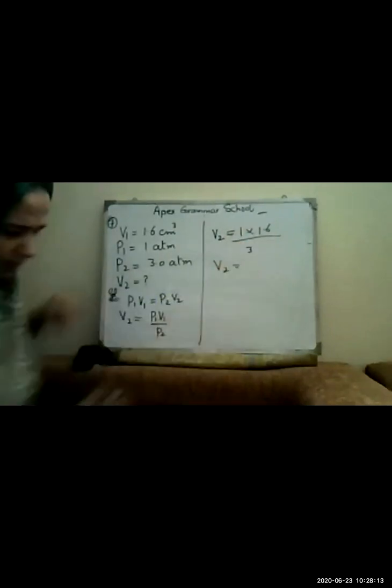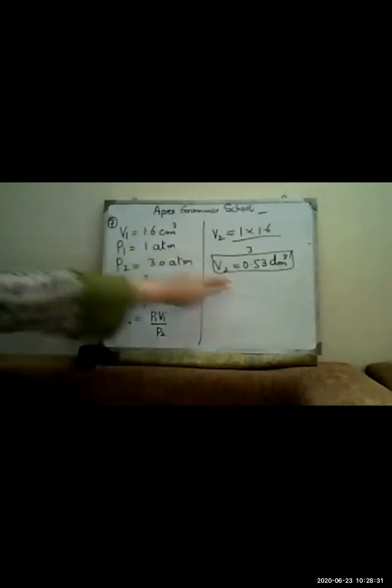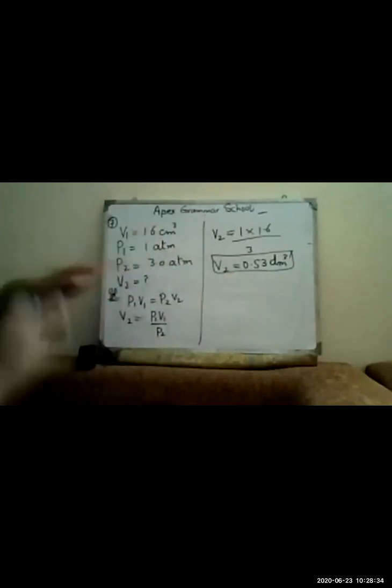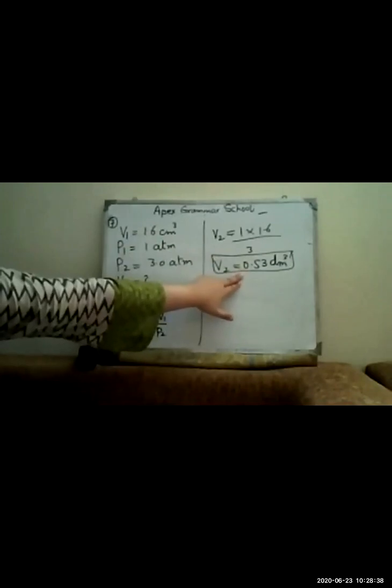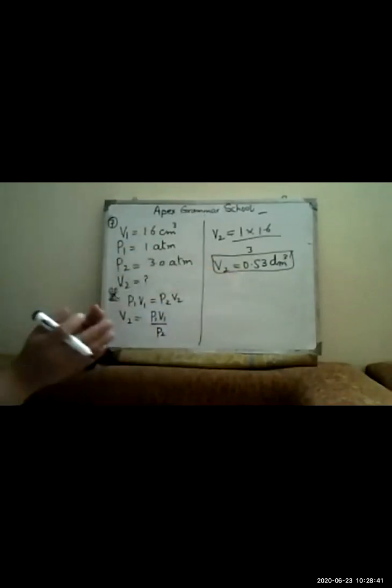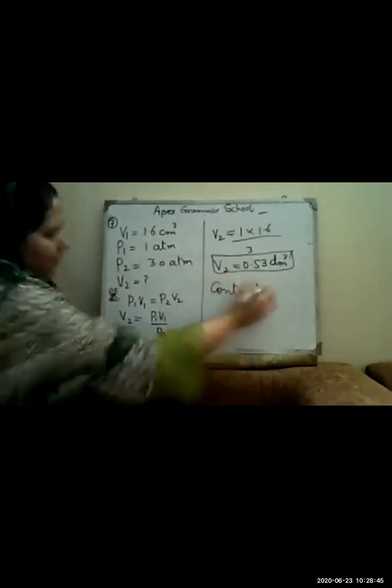The value comes, it gives the answer of 0.53 cubic decimeter. So this was numerical number 7, and the balloon will definitely be contracted because the volume is going to be decreased. Over here, V1, when the balloon was expanded, it was 1.6, and when the volume comes 0.53, it means it is going to be decreased and the balloon is going to be contracted, right?